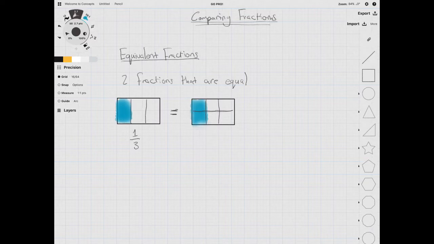But now we've got sixths instead of thirds. And so this is actually going to equal 2 out of my total of 6. So this shows us that 1/3 is equal to 2/6. It's the same amount of the whole. It's just explained in smaller parts, right?